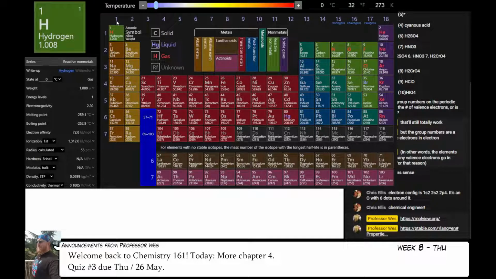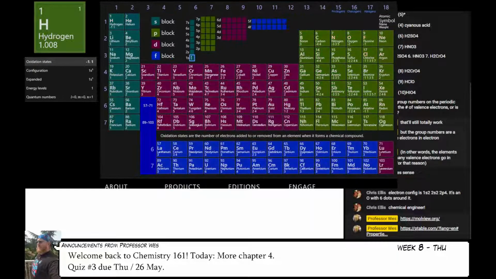So everything in the first column would have 1 electron. So this is my S block over here. So this is 1s1, 1s2. This helium should actually be over here, but it's been moved over here to fit in the S block.